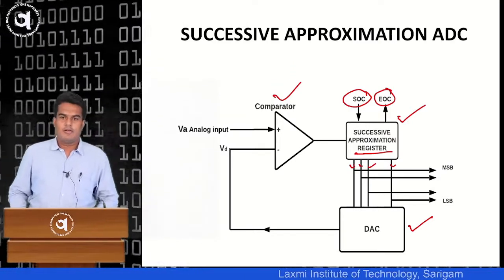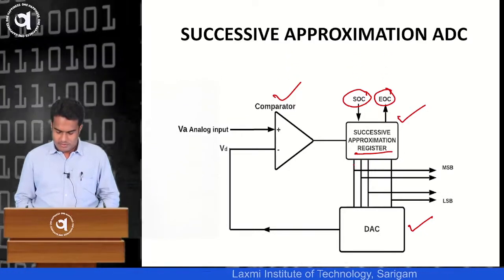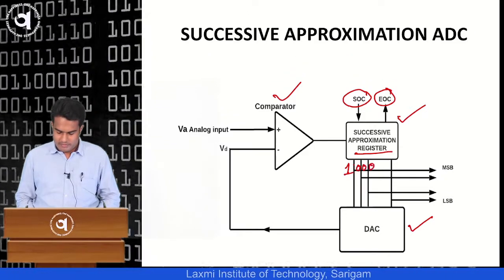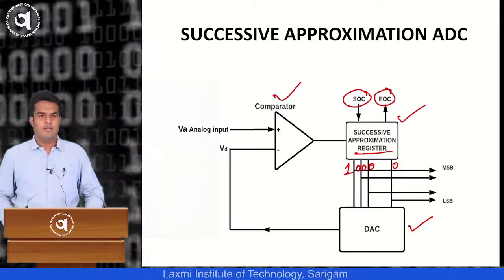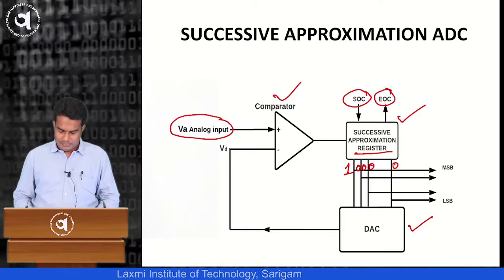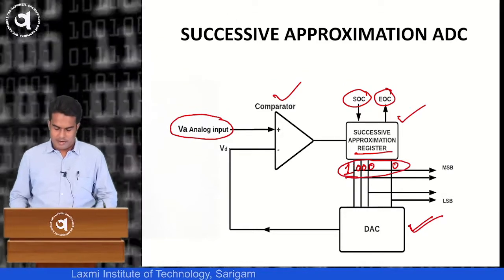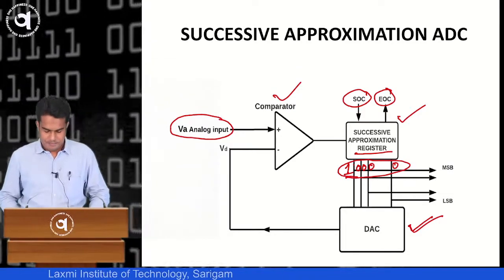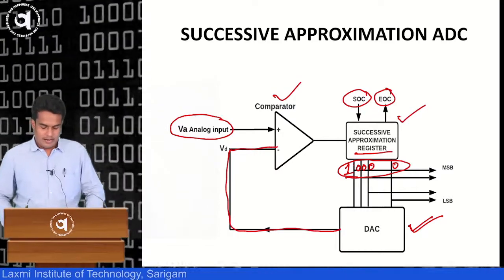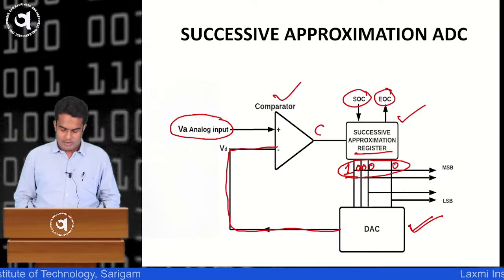By default, it is programmed such that the successive approximation register produces an output with MSB equal to 1, and all other bits including the LSB 0. Whatever the analog input, the output of the DAC, that is the input provided by the successive approximation register, is given to the comparator, and the comparison process will continue until the output of the comparator becomes 0.